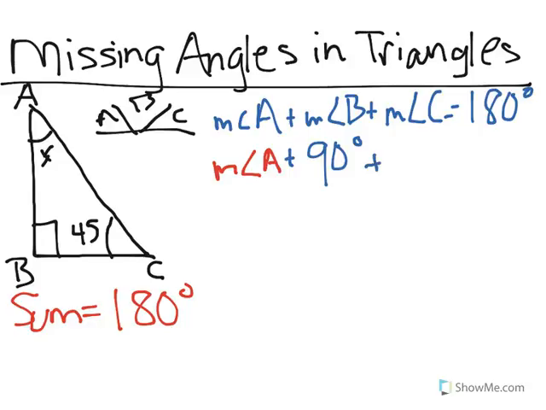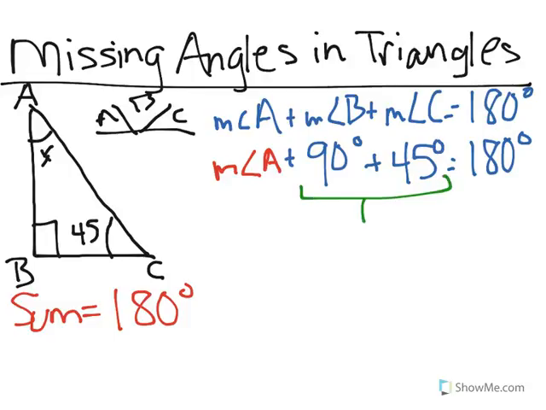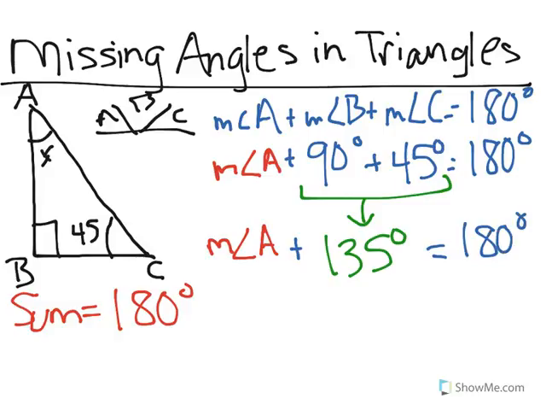Plus, do I know the measure of angle C? Yes, 45 degrees. And 180 degrees stays the same. Now, just like we did with quadrilaterals, you add the numbers together. So, I'm going to add 90 plus 45, and that should give me 135 degrees. I don't know my measure of angle A, so I'm going to keep that. And it gives me 180 degrees.